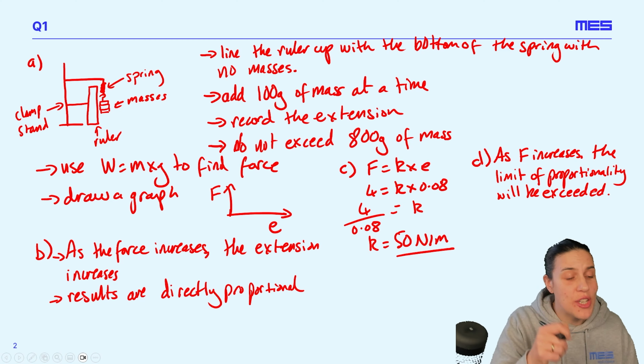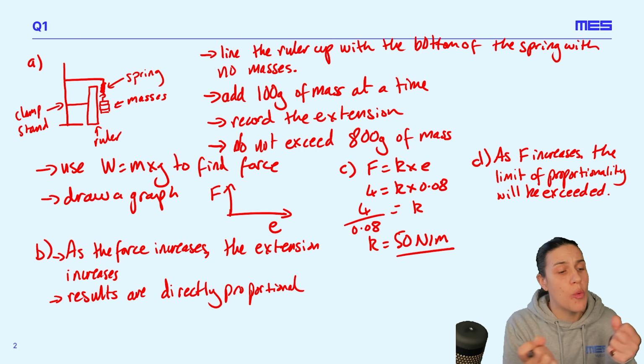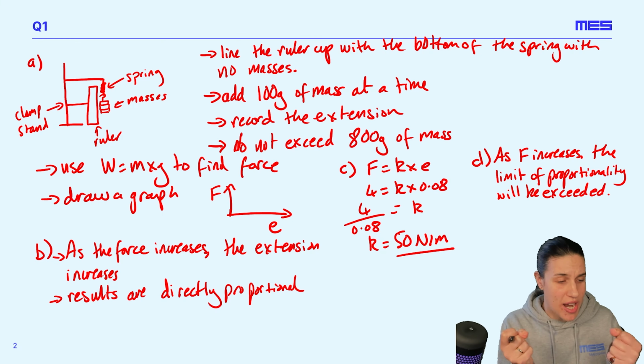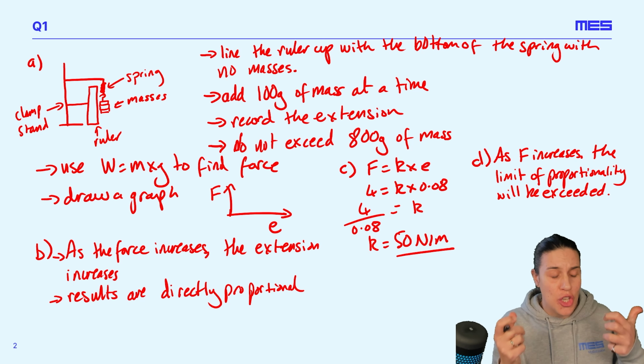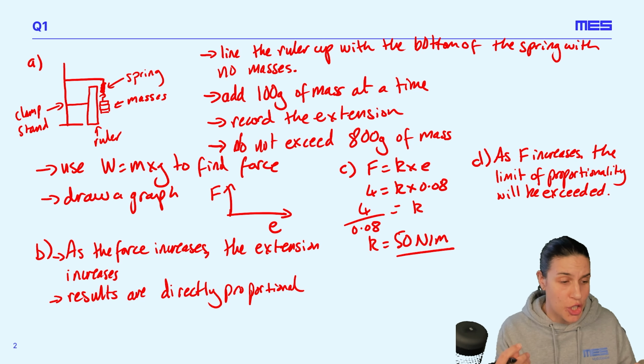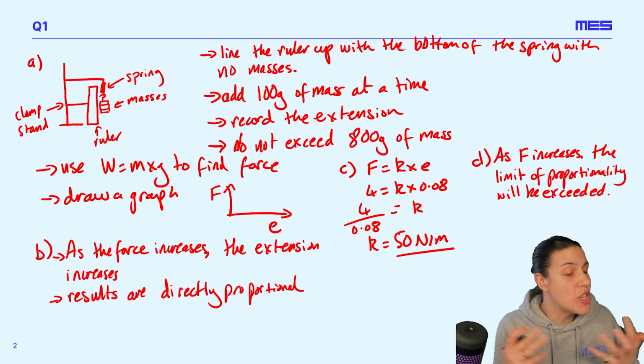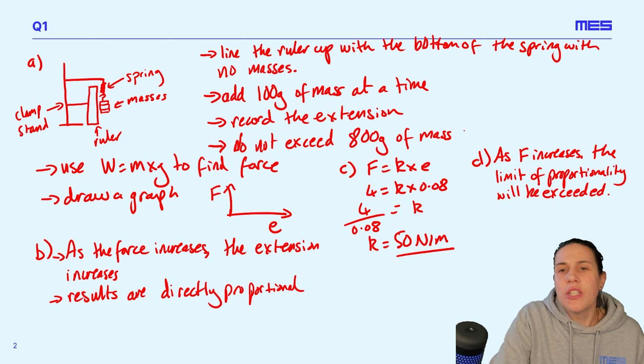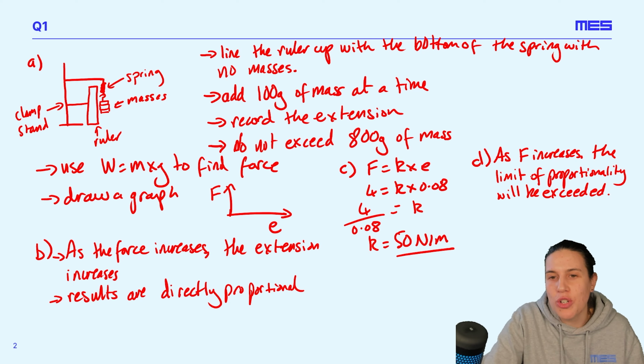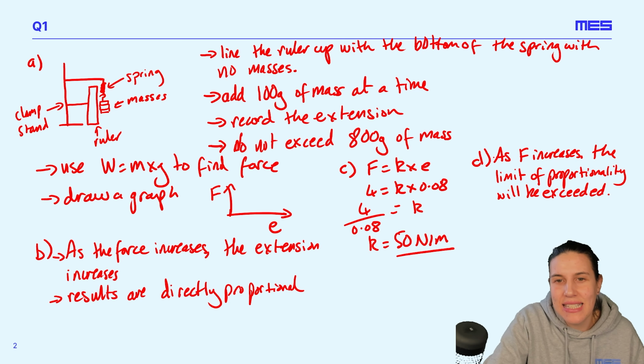So as we continue to increase the force, eventually we're going to get to the point where we're overstretching that spring. As we add force to the spring, the extension isn't going to be increasing directly proportionally because springs can't extend forever. We know this. Eventually they break. So as F increases, the limit of proportionality will be exceeded.